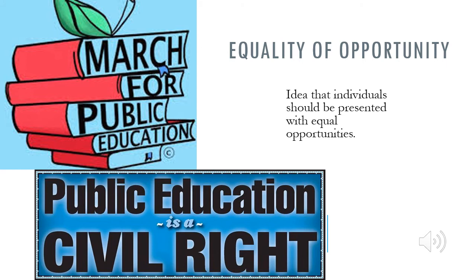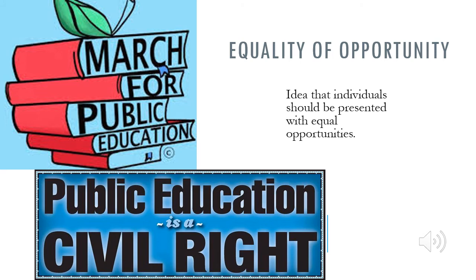But as many of you can probably recall from your time in public education, whether it was high school, middle school, or elementary school, we know that not all schools are equal, right? They have different resources, they have different facilities. There's also the quality of teacher preparedness, what kinds of supplies are available to the students.